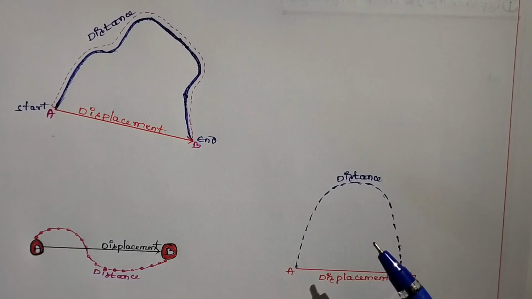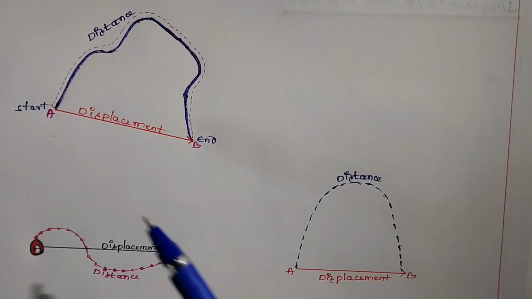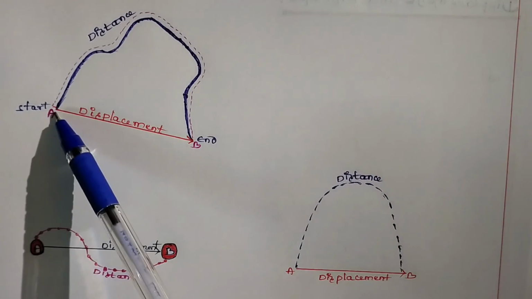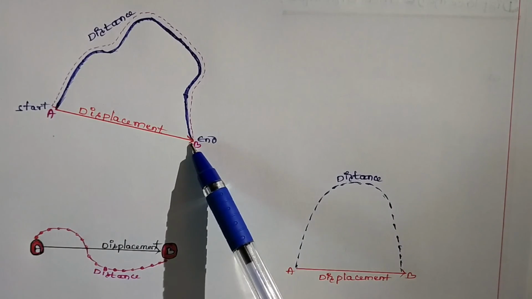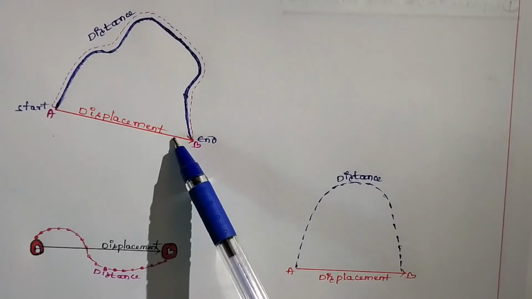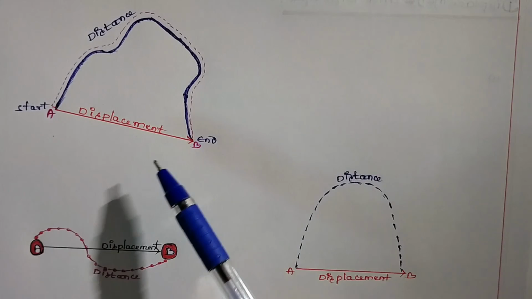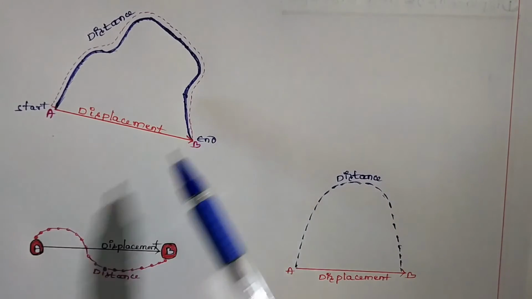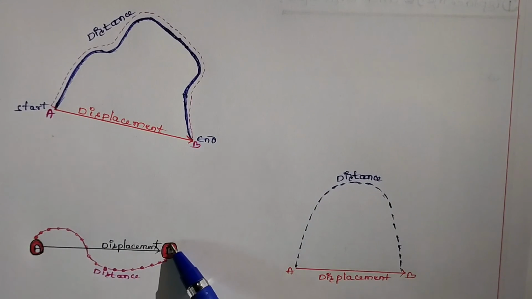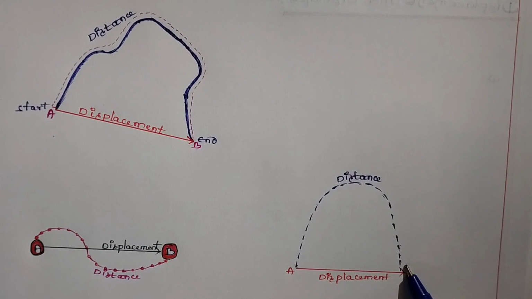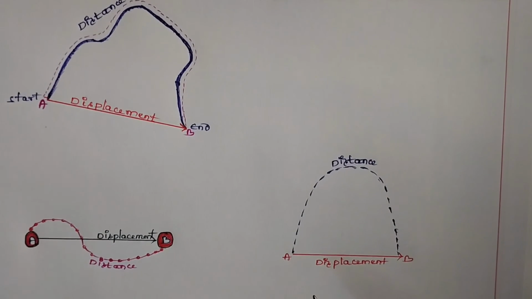While displacement can only be measured along a straight path, it does not depend on the path. Displacement only depends on the initial and final position. It is the shortest distance.